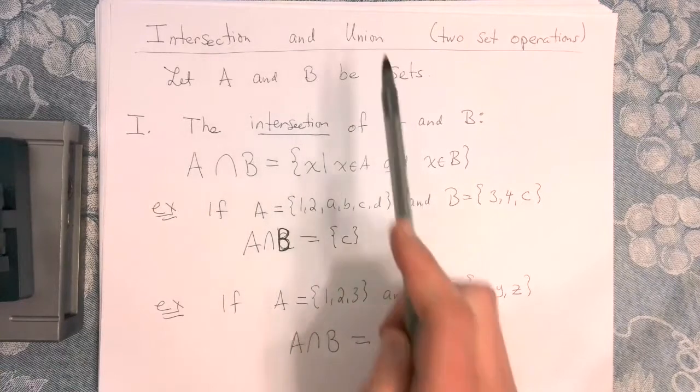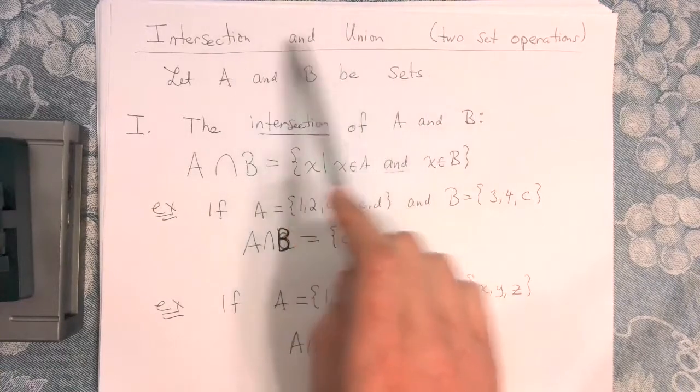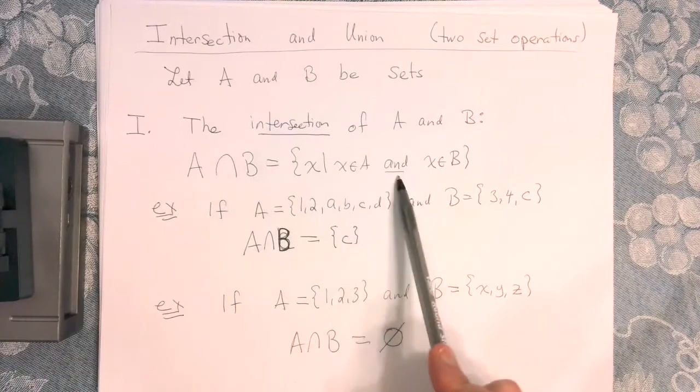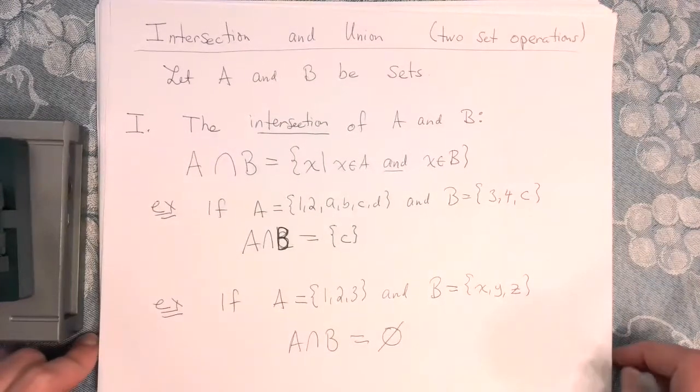Okay, so we want to now define union. The thing you have to be very, very careful of is with intersection, remember this goes with and. Let's see if we notice something about union.